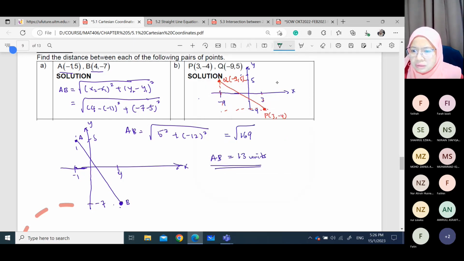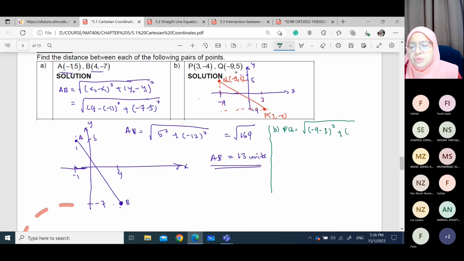So this distance PQ is equivalent with the square root of (x2 minus x1) squared plus (y2 minus y1) squared. So (-9 minus 3) to the power of 2 plus (5 minus -4) to the power of 2, the whole thing under the square root.